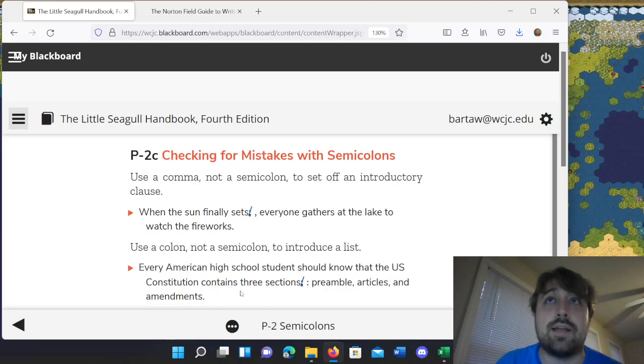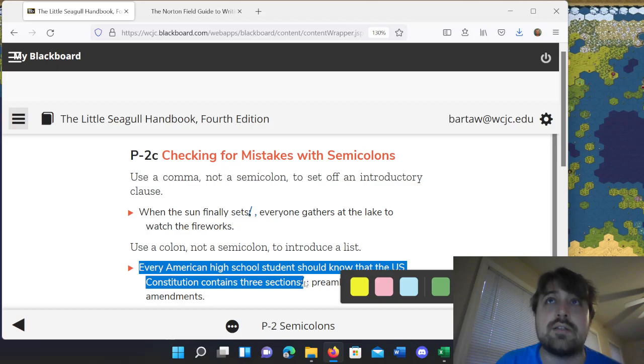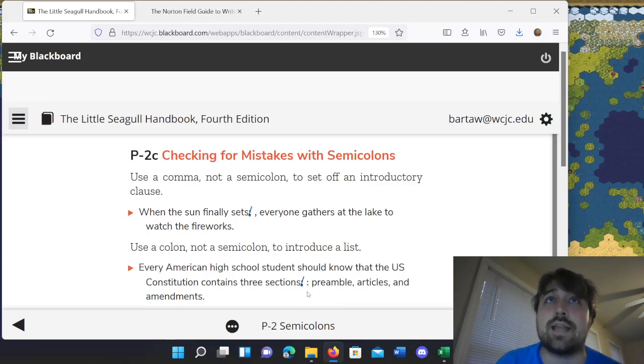All right, the next example, what's the problem? Every American high school student should know that the U.S. Constitution contains 3 sections. They had a semicolon, but they cross it out right here. What did they put instead? They put a colon. Why did they put the colon?